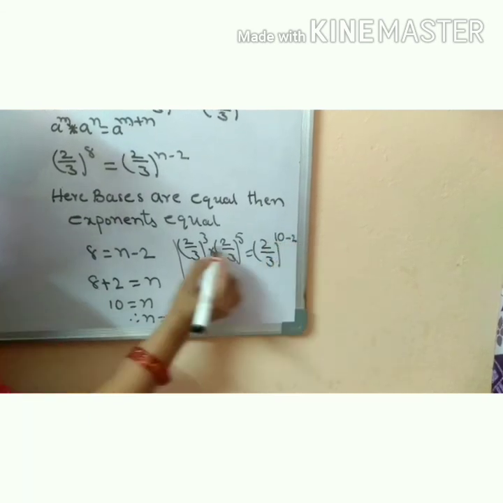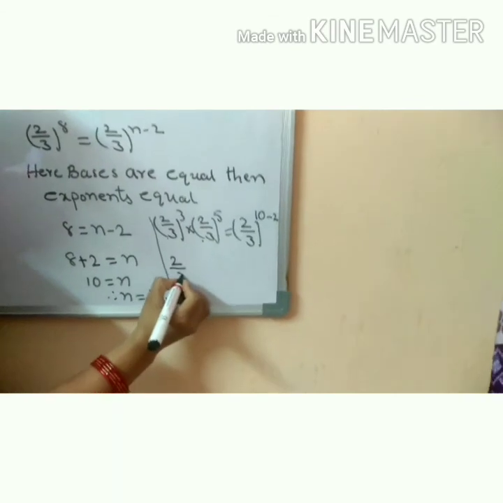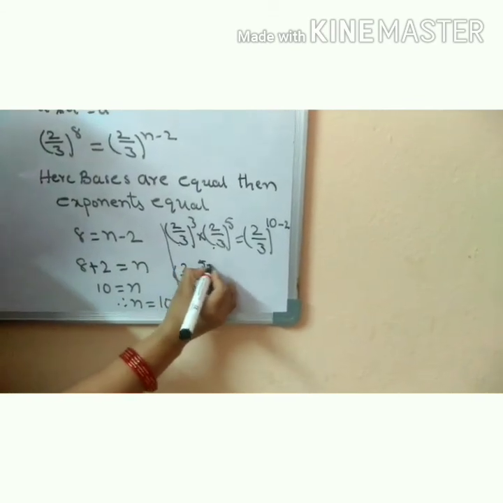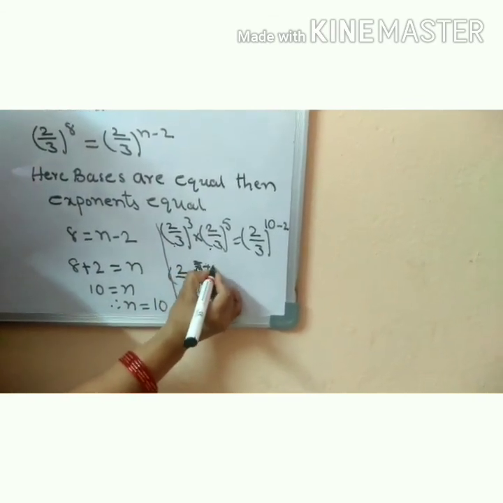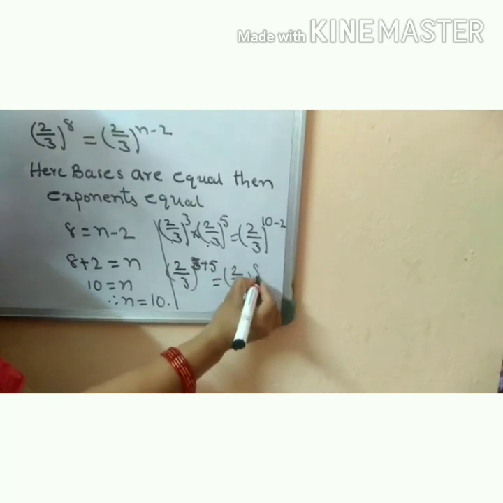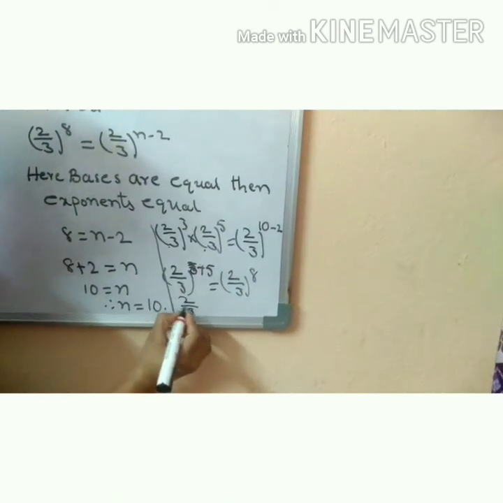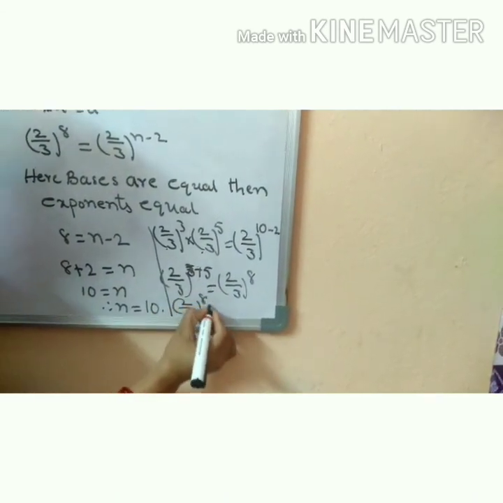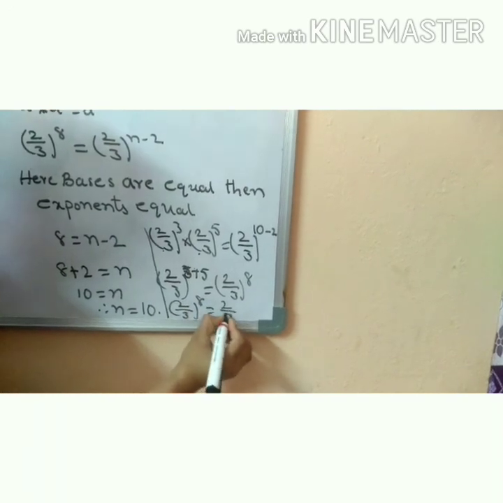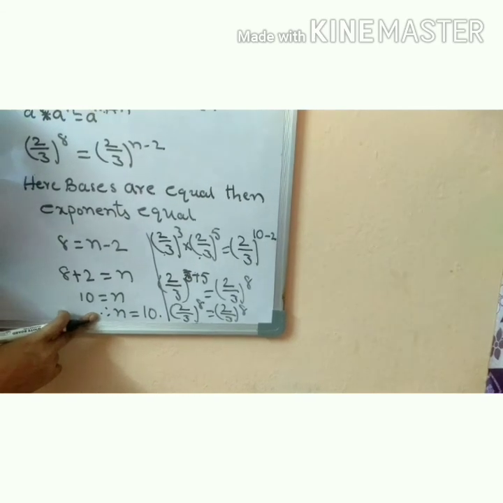So the n value is 10. Once check it, is the n value correct or not? With 10 minus 2, the bases are the same, then the exponents are adding. So (2/3) whole power 3 plus 5 is (2/3) whole power 8, and 10 minus 2 is 8. Finally (2/3) whole power 8 is equal to (2/3) whole power 8. Then the n value is correct.